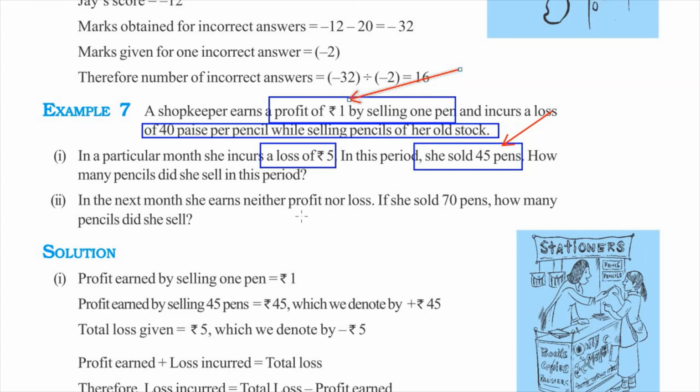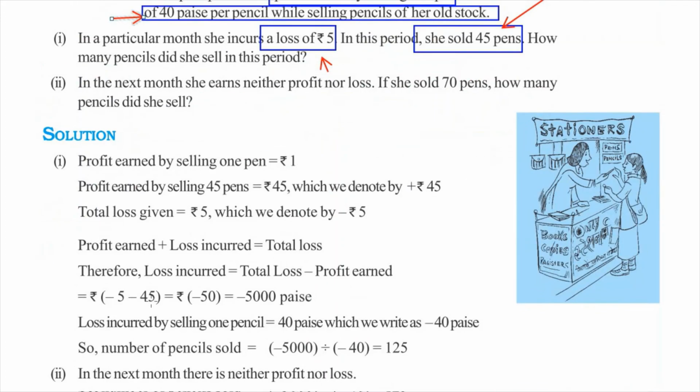Okay? And in that particular month, it is also said that the total loss is rupee 5. That means that the difference between 5 and 45 is the loss that she has incurred by selling pencils at the loss of 40 paisa per pencil. So you can see here that that is how they have given the solution also.